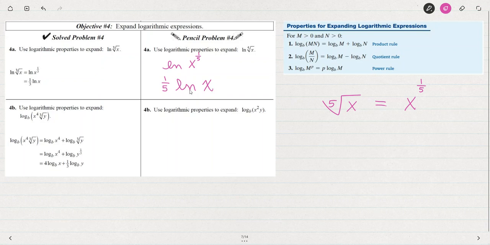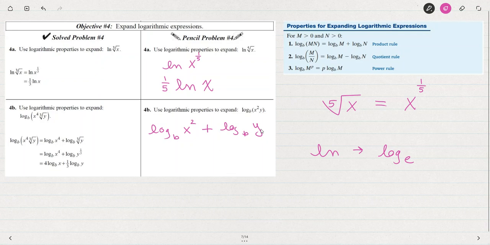When we say ln, what we're saying is log base e. And then log base b of x squared y, we could use the product rule. We can see this is the log of a product. So we could expand it to log base b of x squared plus log base b of y.